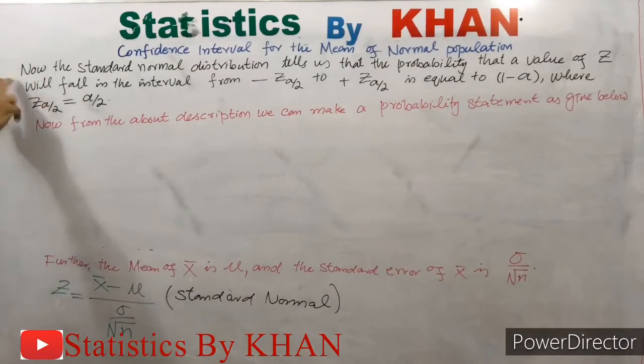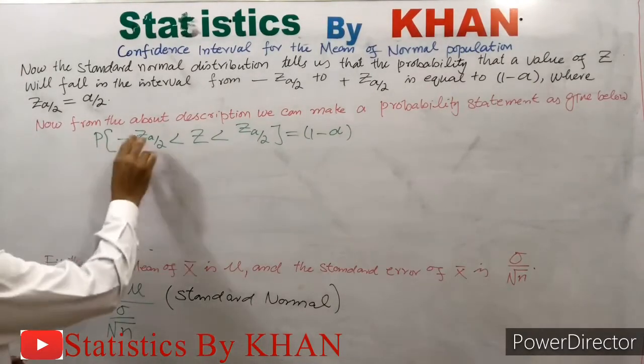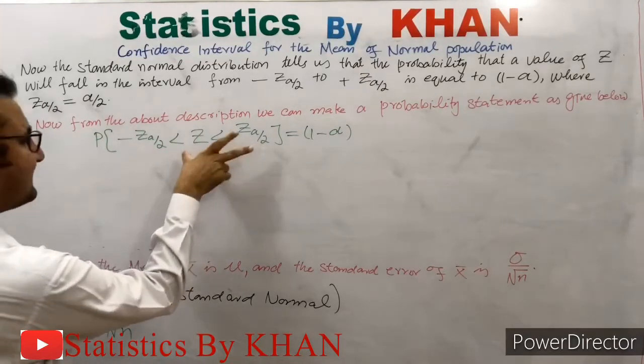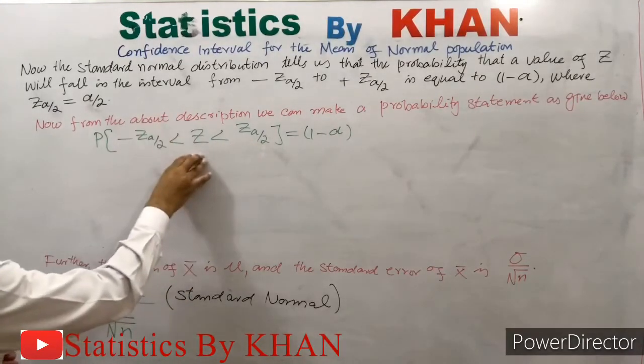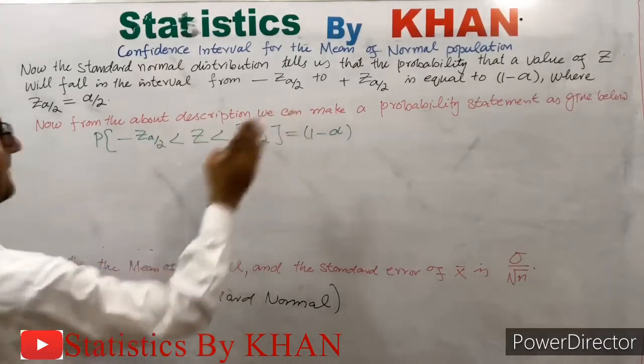From this statement, now we are making a mathematical statement. What I have done is just transform this description into mathematical notation. So this is an interval, from minus z alpha by 2 to plus z alpha by 2, and the probability of the value of z falling into this interval is 1 minus alpha.